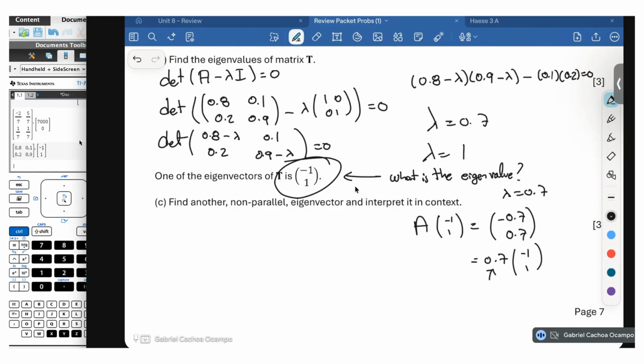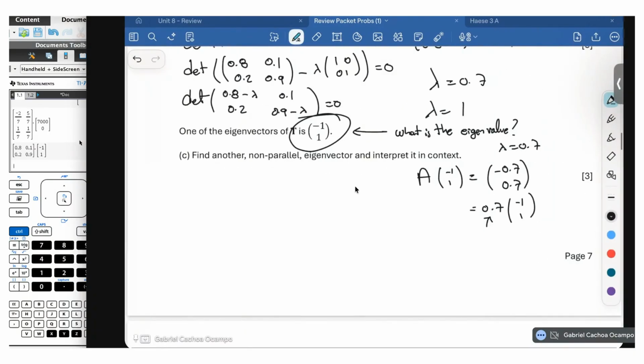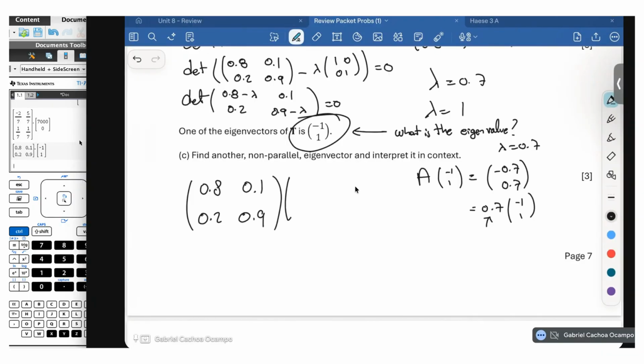So how do I find the other eigenvector? I need to find it for lambda equals 1. So I need to solve for the matrix 0.8, 0.2, 0.1, 0.9 times x, y equals x, y. I could also find this matrix to a higher power, but let me do this because I have been doing this.